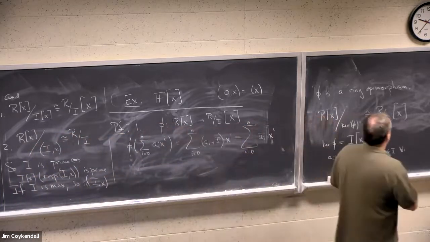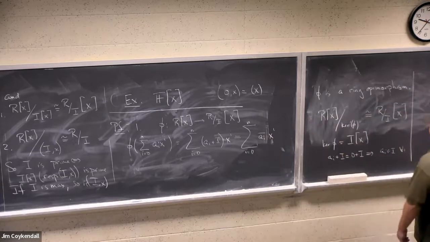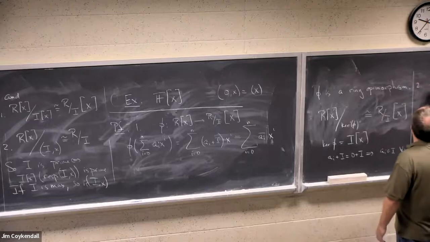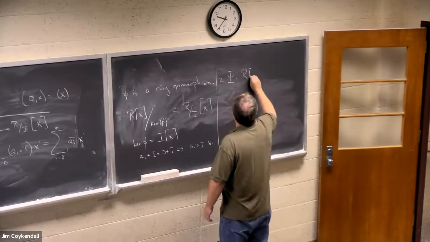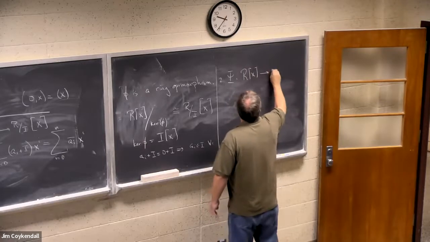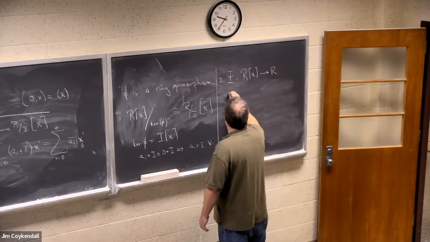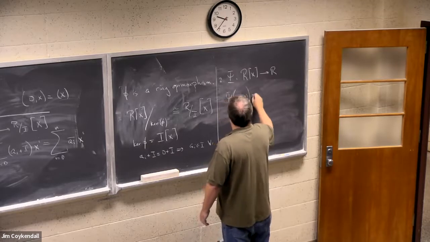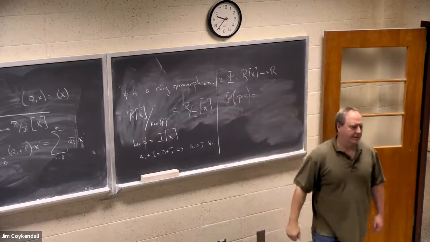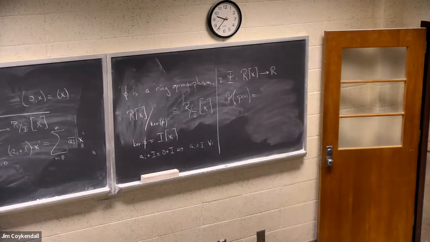The other one, I'll just start it and let you finish. The other one's sort of easier. Two, let's call it pitchfork, go from R[x] into R/I. Any guesses what we should do here?